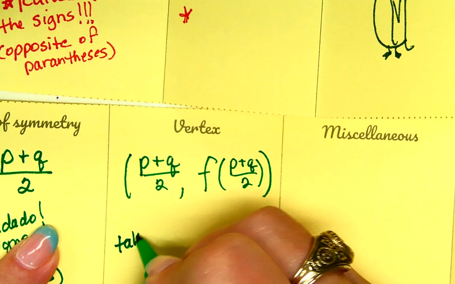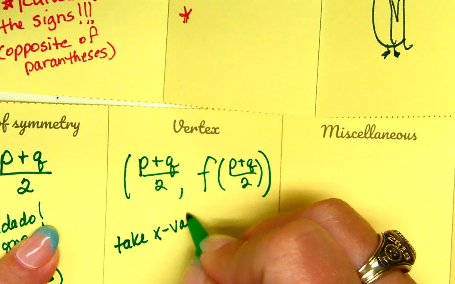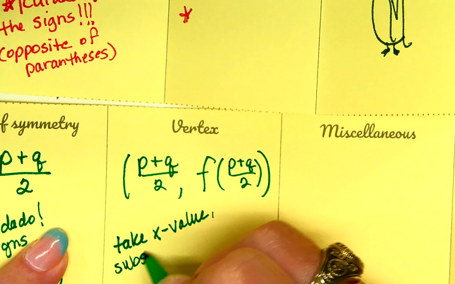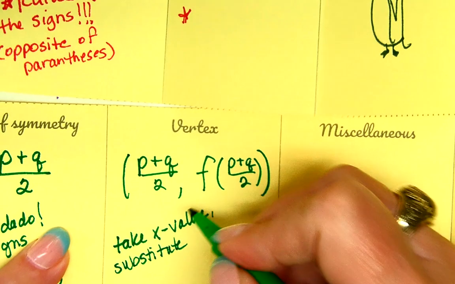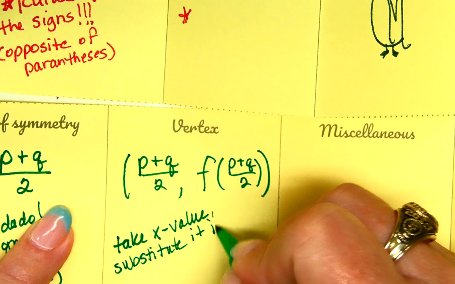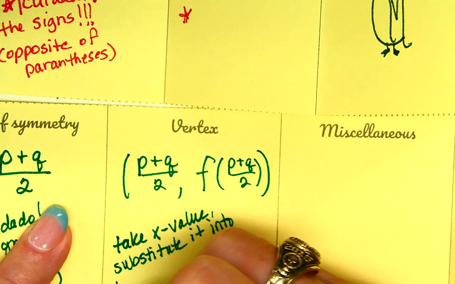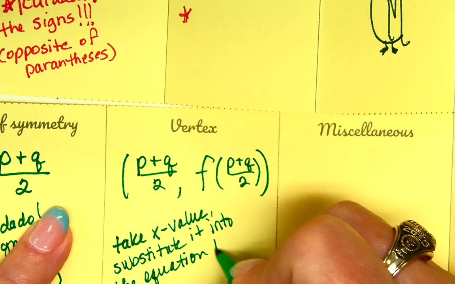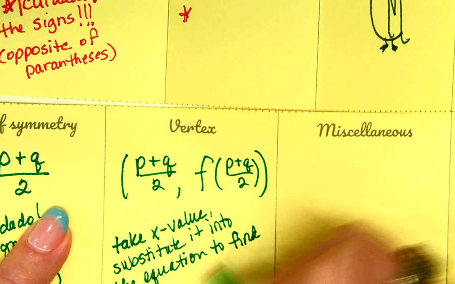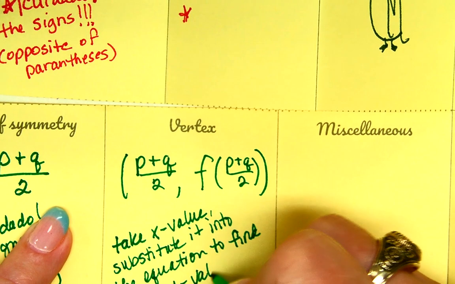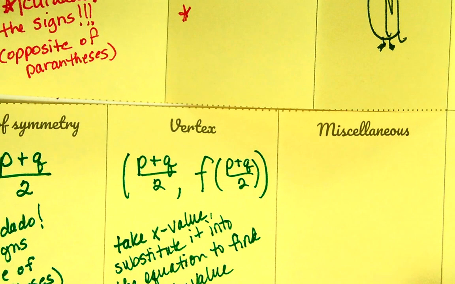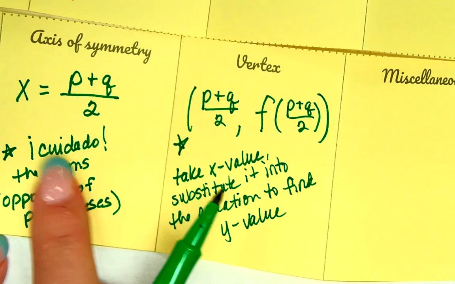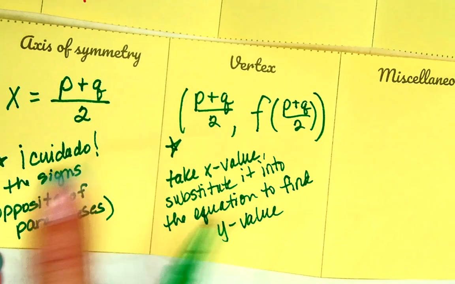You're taking the x value, substitute it into the equation, to find the y value. Now I'm going to put a star on this one too, for the same reason that I have a star over here, right? Because we have to be careful of the signs.